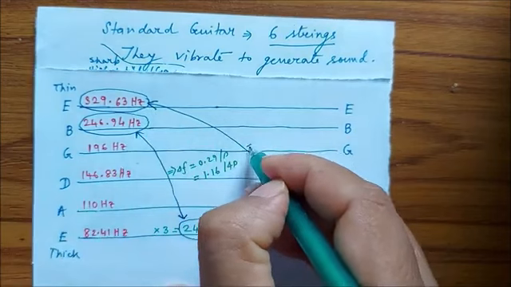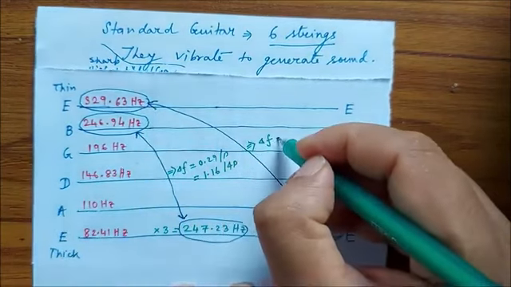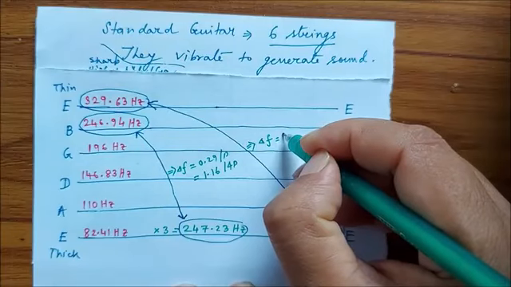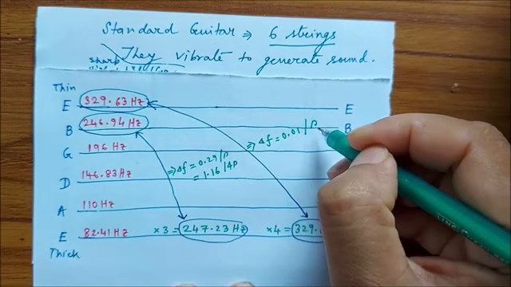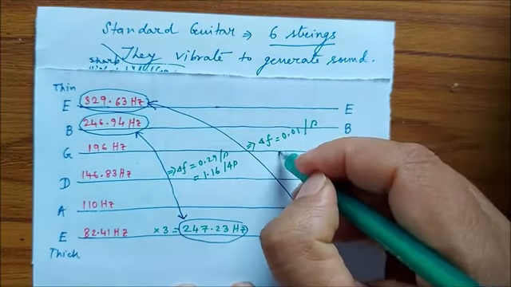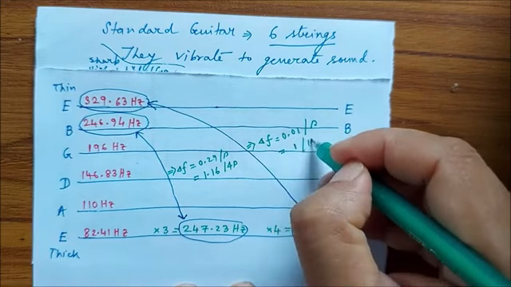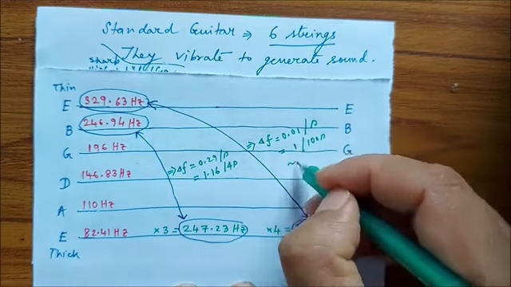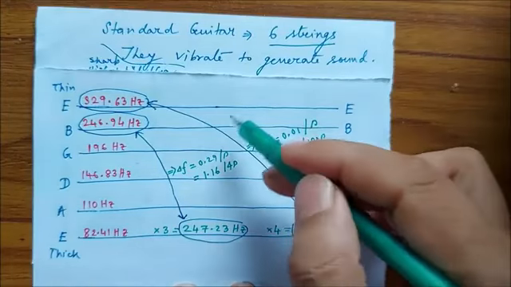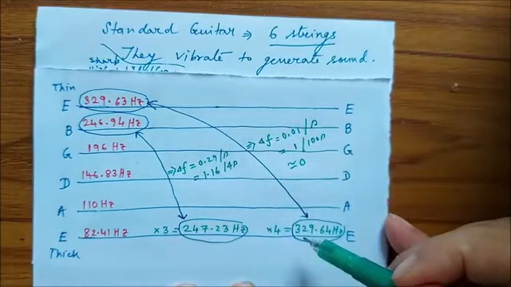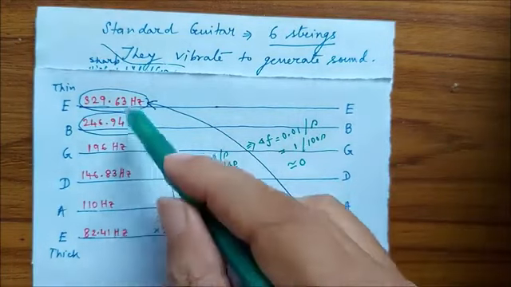And when sounded together, they will produce 0.01 beats in 1 second. If we multiply it by 100, we end up with 1 per 100 seconds. So this is practically 0. So no beats will be heard if they are properly tuned. That is, if they maintain these frequencies.